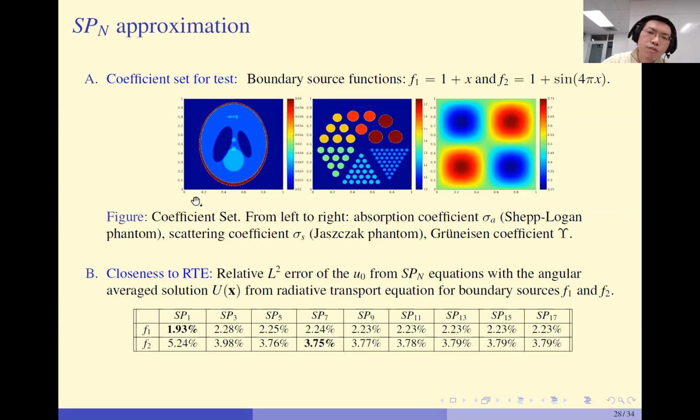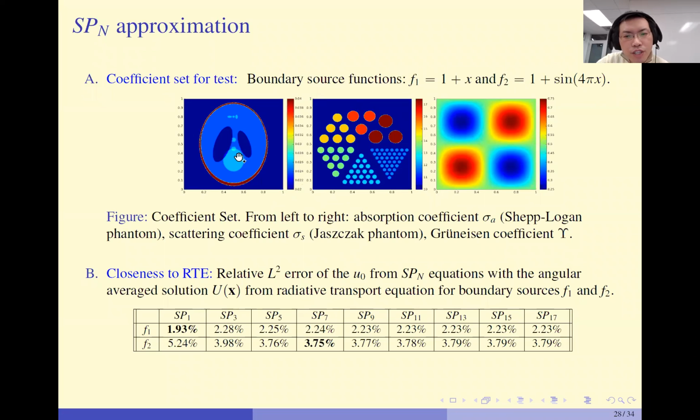But here, we just try to illustrate how this numerical experiment works. We just use two source functions. One is just a linear source function on the boundary, and another one is just a few bumps on the boundary. These bumps are simulated by sine functions. So you can see you will have a few bumps on the top, a few bumps on the bottom.